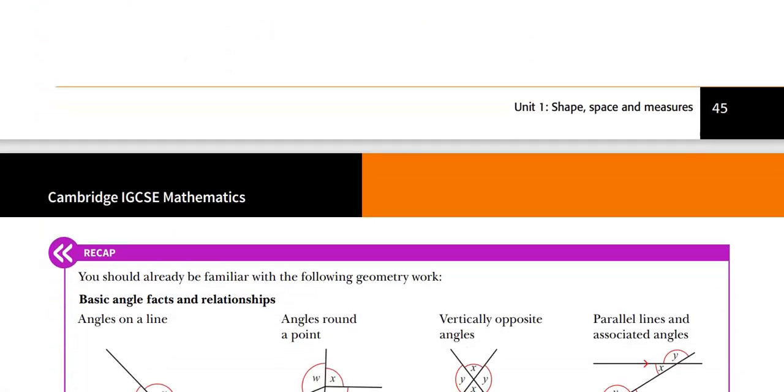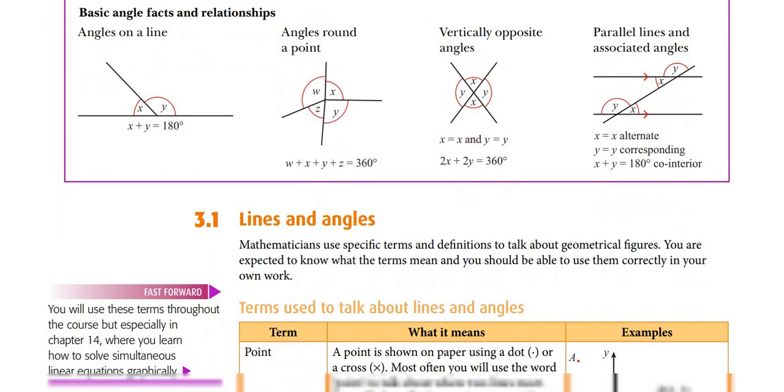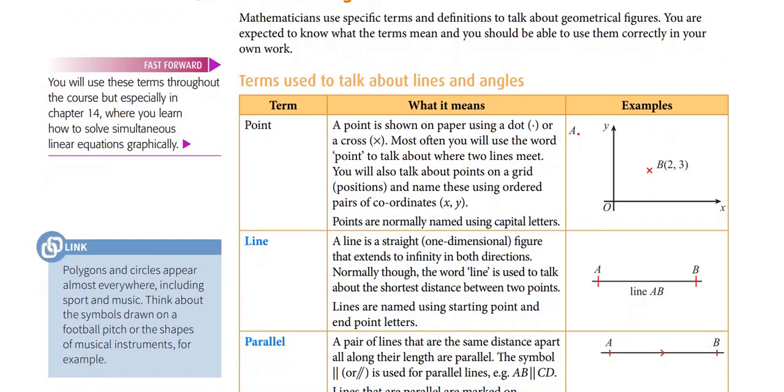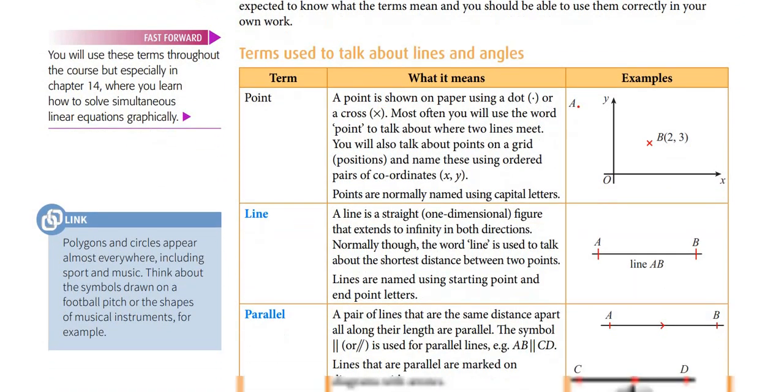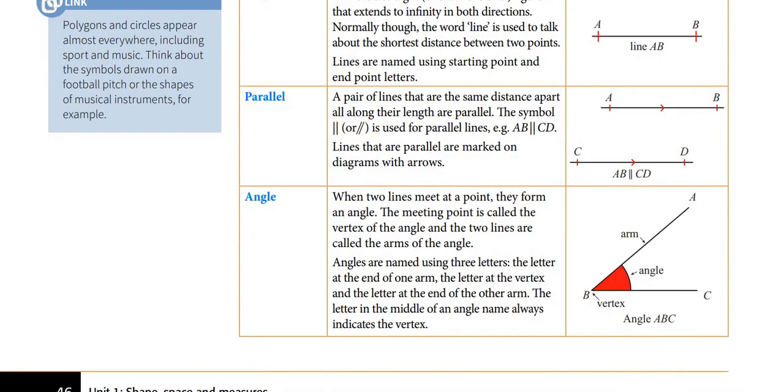Okay. Here is some recap, something you should know about from elementary school, but we will study it here again. Here are some terms and definitions that you should know. What is a point? What is a line? Two parallel lines. Parallel lines are a pair of lines that are determined, or you can know that two lines are parallel.